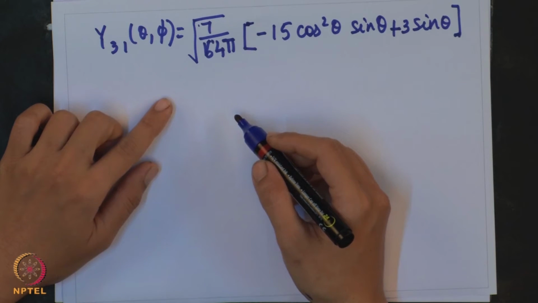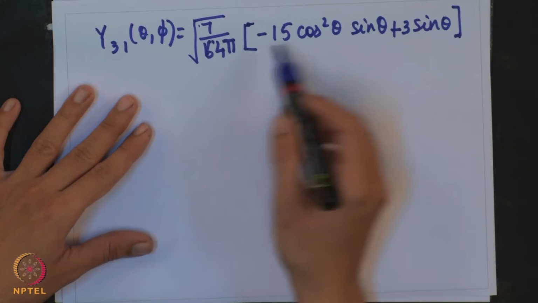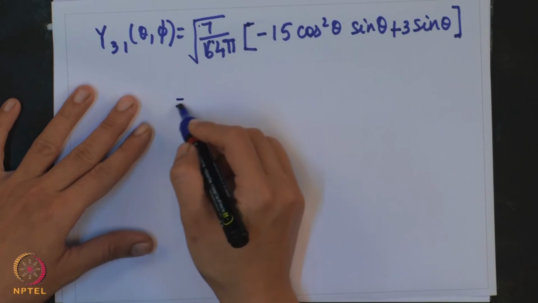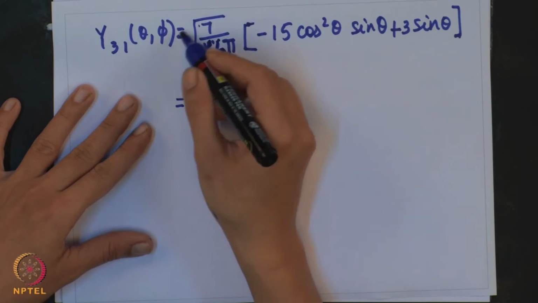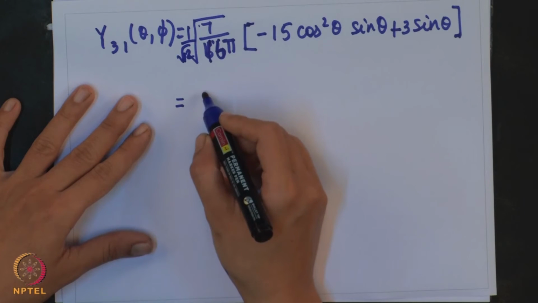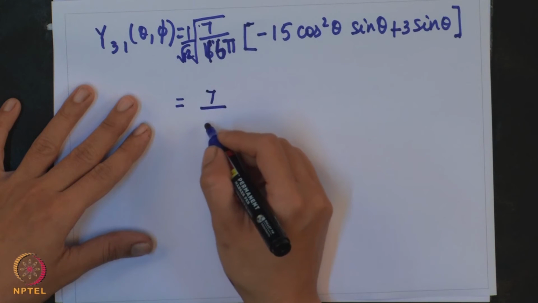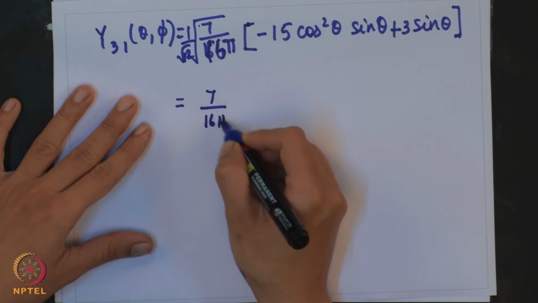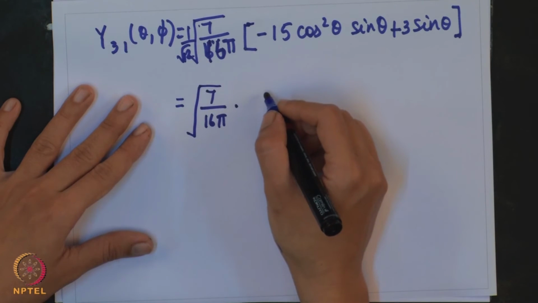16 into 12. Okay. 3 I have taken out, and this will be 1 by root 12 times the square root of 7 upon 16 pi, with 3 outside.